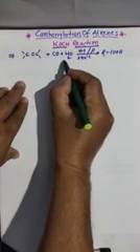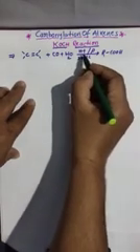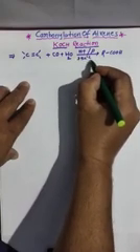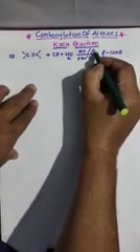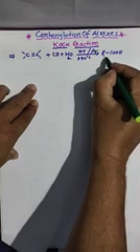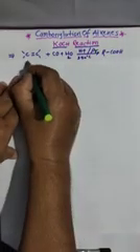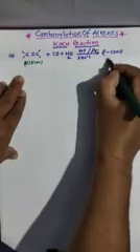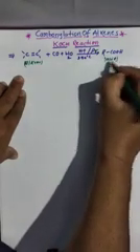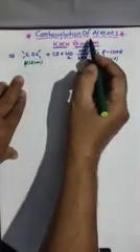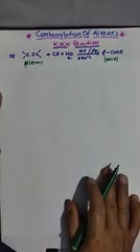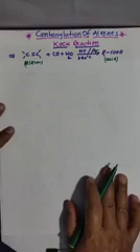When alkenes are treated with carbon monoxide and water in acid medium, 350 Celsius temperature or 300 to 400, and pressure, we are getting carboxylic acid. This is alkene and here we are getting carboxylic acid. And we call it carbonylation because we are using carbon monoxide.